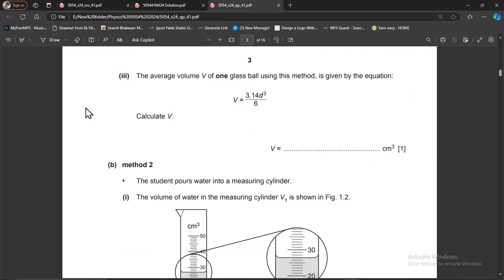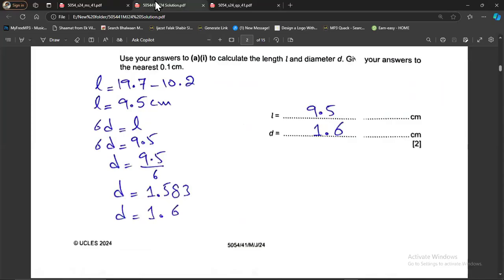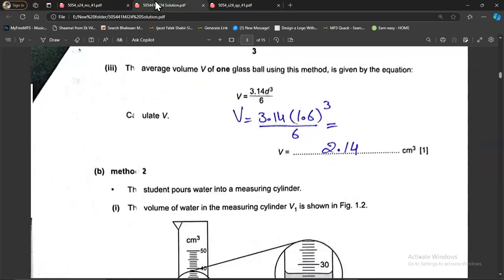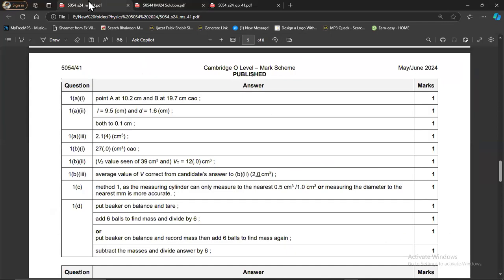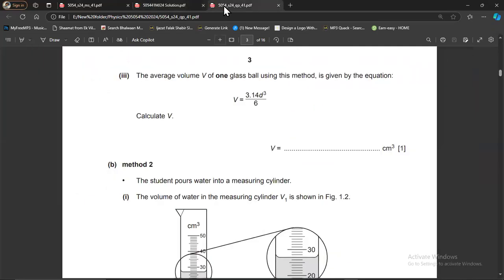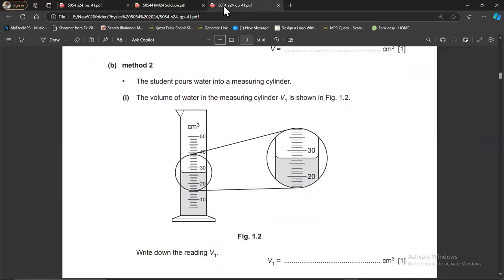So calculate V. Very simple, simply put the value of D in this formula. So V will be equal to 3.14 times 1.6 raised to power 3 divided by 6, and that will be 2.14 centimeter cubed. 2.14 centimeter cubed is the answer. The answer is right.